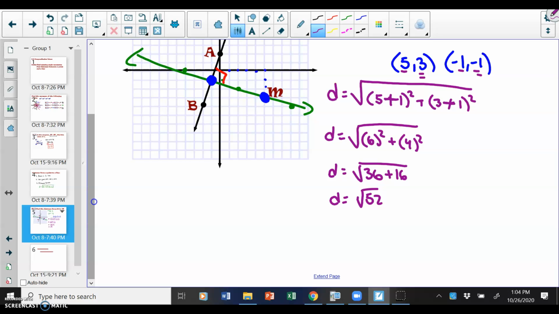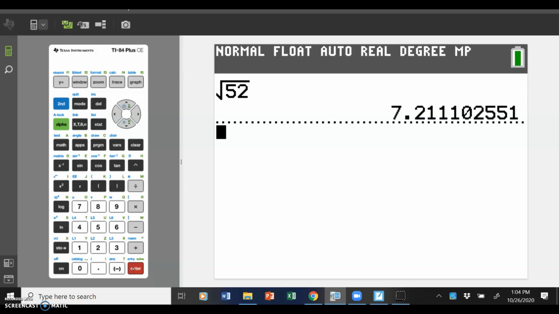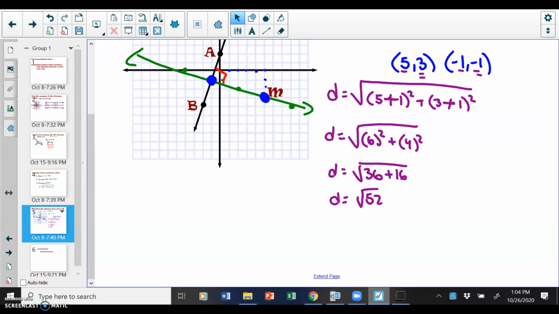Then, if we use our handy-dandy calculator, the square root of 52 is 7.2. So nearest tenth is perfectly fine.